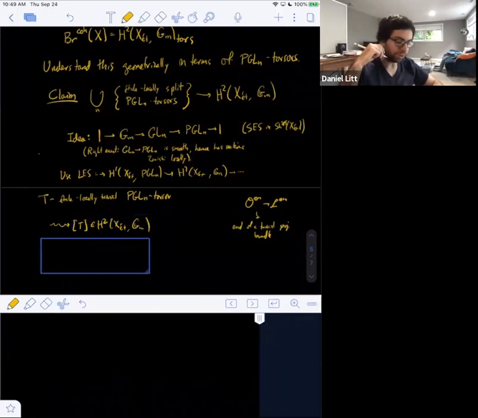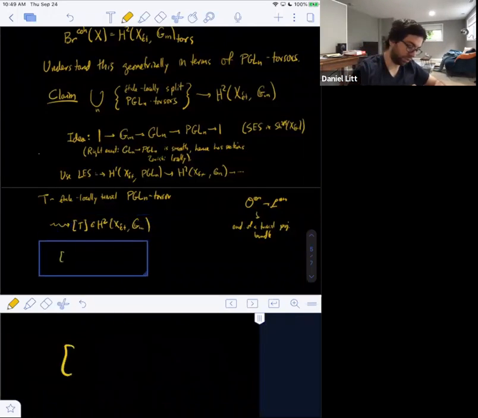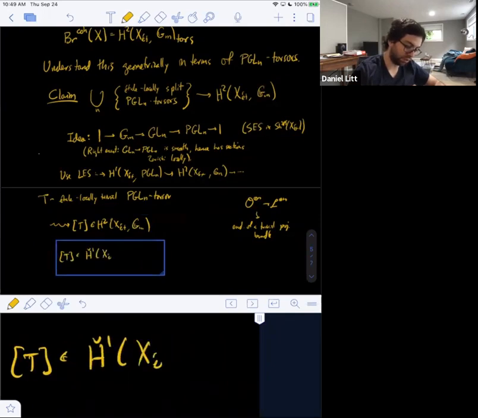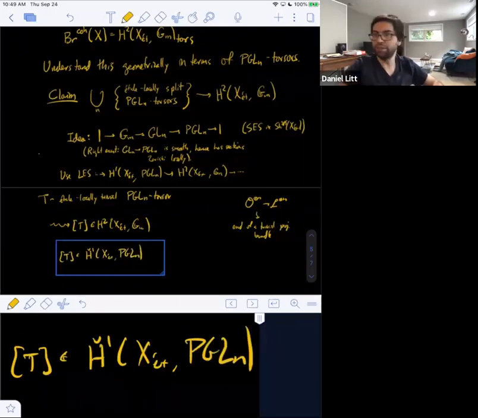How do we describe such a T? Let's try to write down first T in H1 Čech of X étale with coefficients in PGL_N. Can anyone remind me how one gets a PGL_N cocycle out of a torsor?